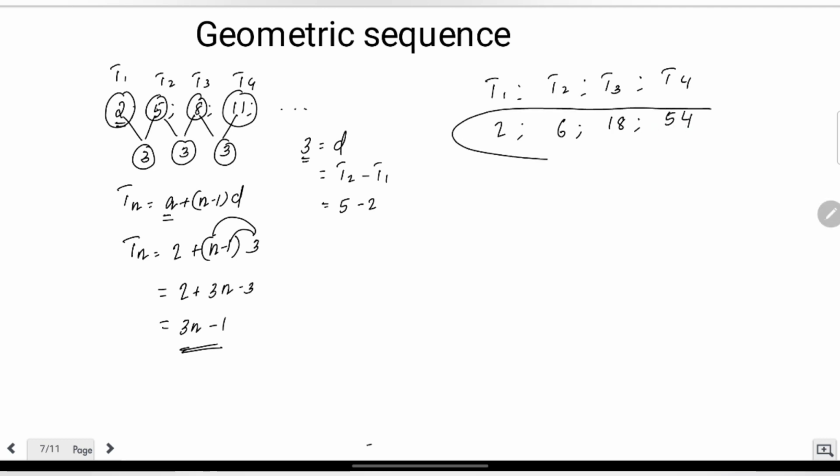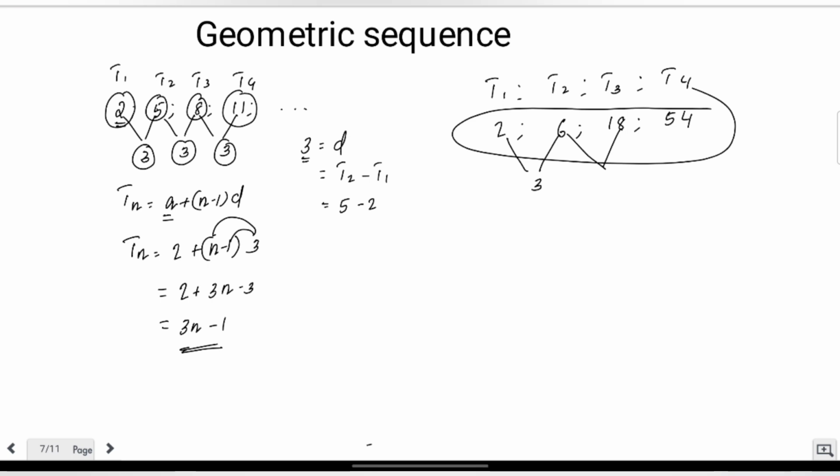Guys, this pattern is known as what? Geometric sequence. So here the common ratio: 6 divided by 2, you will get 3. Then for 18, if you take any two consecutive terms, second term divided by first term. In the previous arithmetic sequence, we were subtracting, second term minus first term.